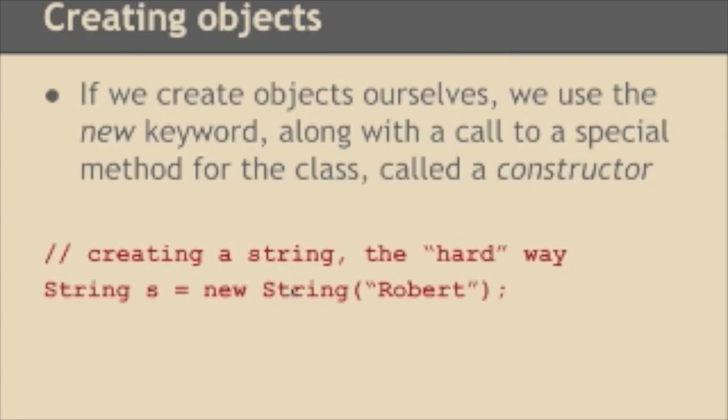Notice that the constructor is exactly the same name as the class itself, but I pass in a parameter, in this case, which tells the string object what its content should be. Okay? So after that method has been completed, S will be a string reference variable pointing to the characters Roger. So we use the new keyword and a constructor. And we'll be talking more about those as we go.